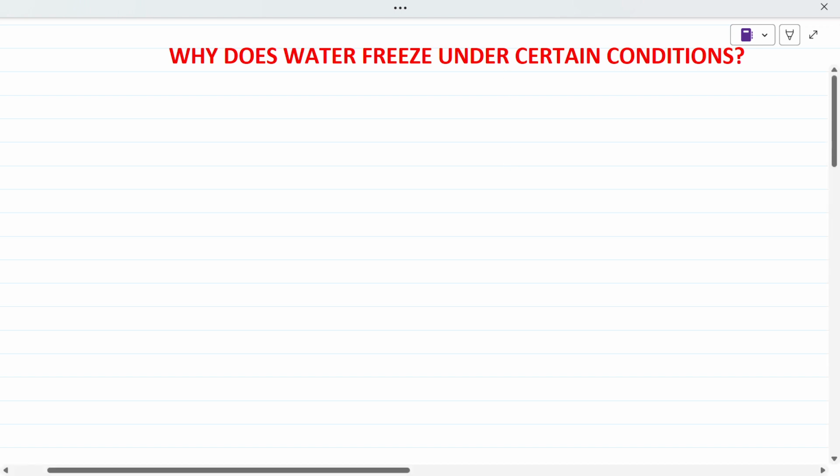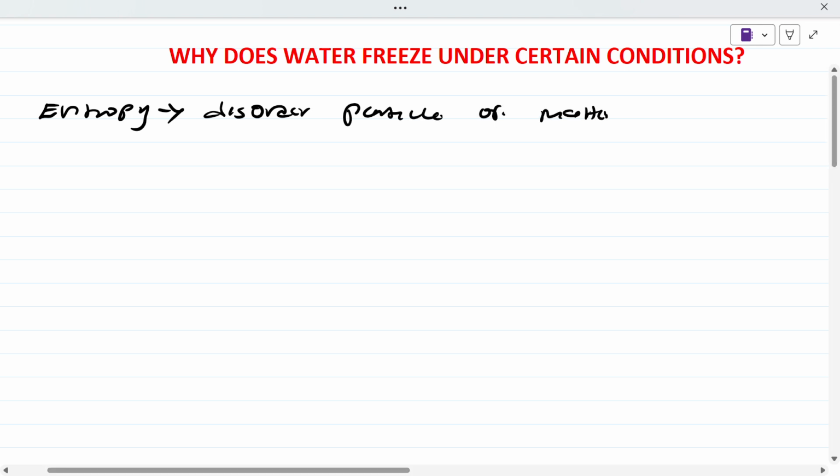Now, based on entropy, we know that there is a disorder between particles of matter, and using entropy, we can measure the degree of this disorder.